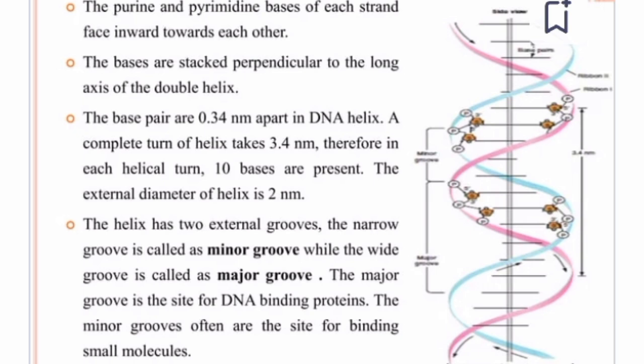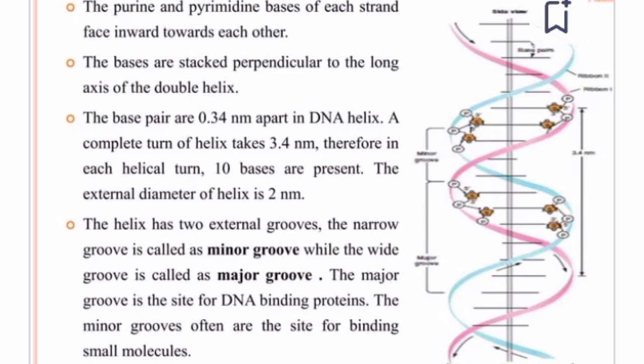The two polynucleotide chains are not identical but complementary to each other due to base pairing. The two strands are held together by hydrogen bonds formed by complementary base pairs, that is A and T. Adenine and thymine have two hydrogen bonds, whereas guanine and cytosine have three hydrogen bonds.